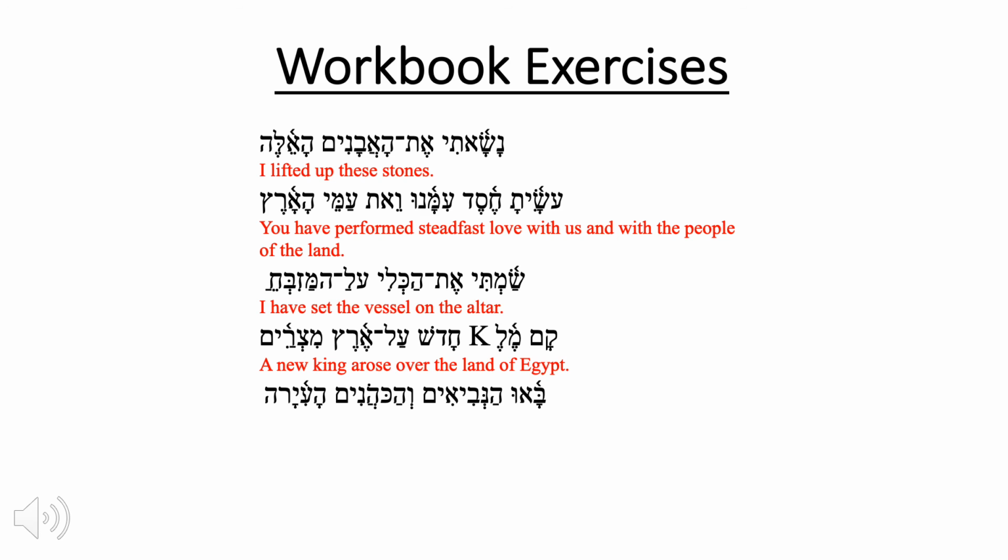Well then finally, let's move on to the last one on this list, number 10 in your workbook. This final phrase begins with a verb, ba'u, a 3CP ending. They, indicated by the shureq.